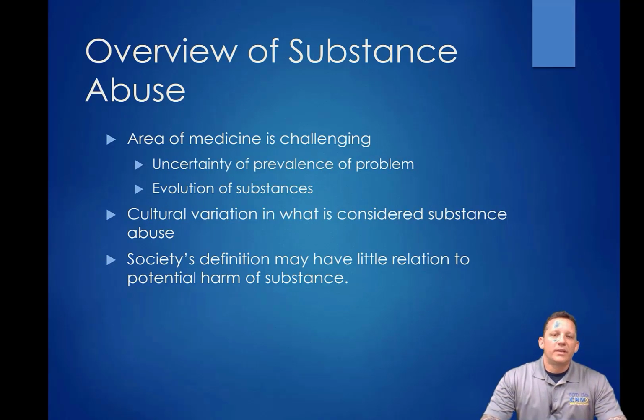This lecture would not be complete without the overview of substance abuse, and the issue with this particular aspect of medicine is that it's highly challenging because it can come with a very significant psychiatric component to it, and there is a very high probability that we don't really understand what the prevalence of the problem is, and we're only barely able to keep up with the evolution of the substances that are constantly being changed or manipulated by chemists, and the cultural variations in what's actually considered substance abuse.